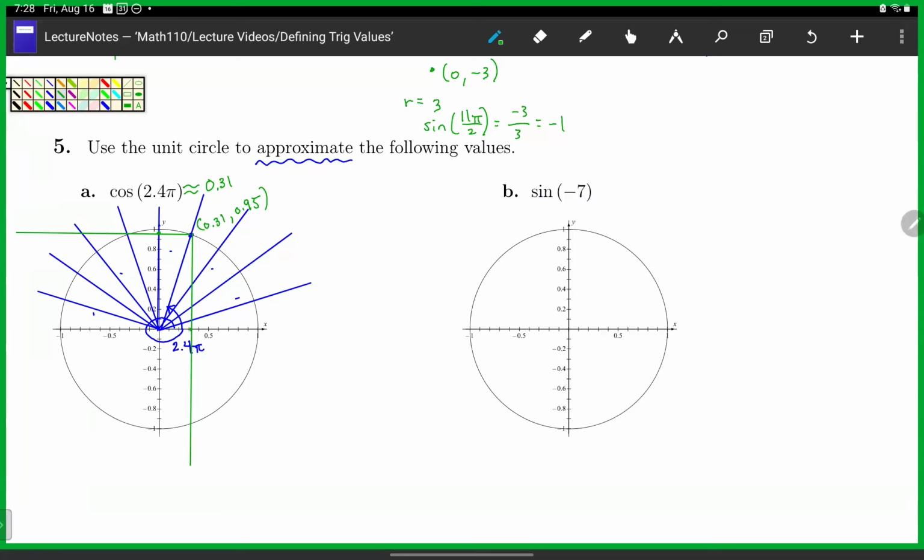Okay, sine of -7. So I'm using the fact that π is approximately 3.14, so that means that 2π is approximately 6.28 or 6.3. So this is about -6.3, and then I go another 0.7 along.